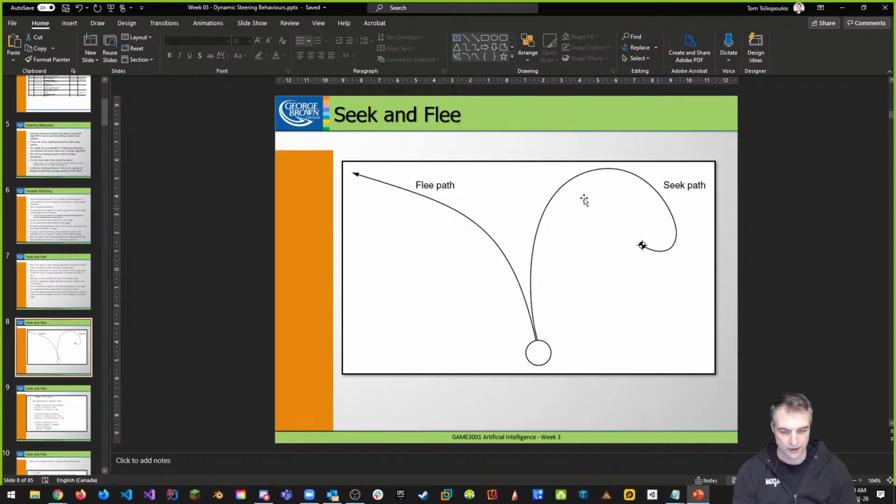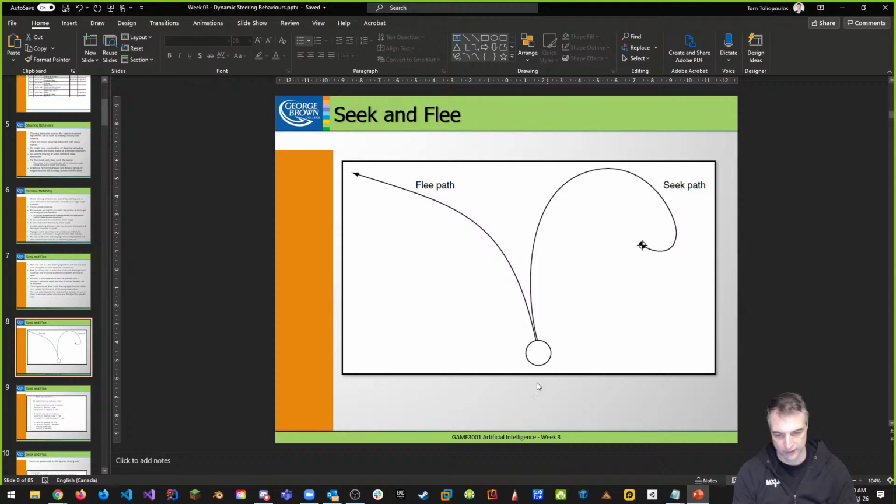When I'm fleeing, it's the opposite of seeking. So I'm going to choose a vector that is direct opposite of my seek location. Instead of going there, I'm going to go to another target, directly away from this one. And I'm going to seek to it, but I'm not going to go directly. I'm going to go again in this rounded path.